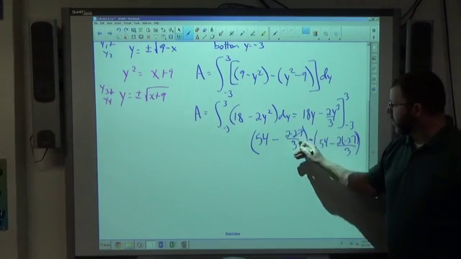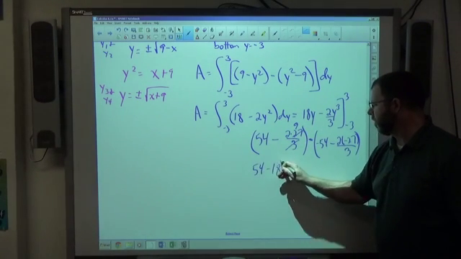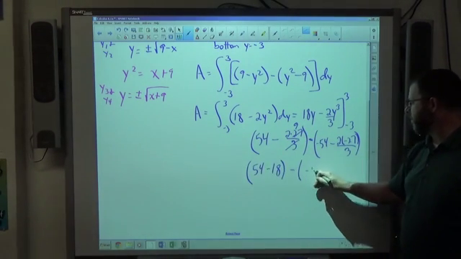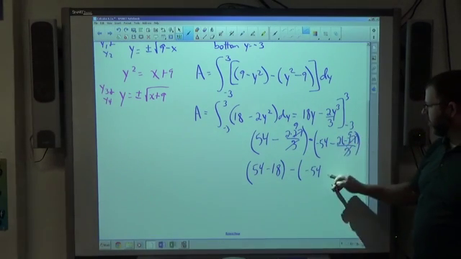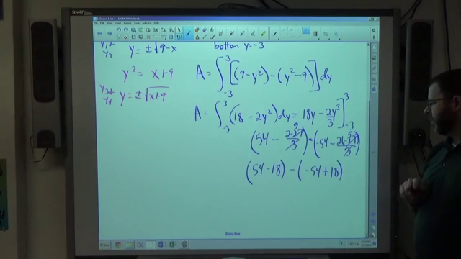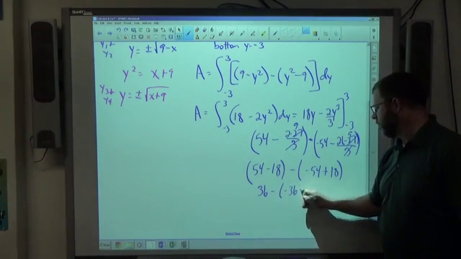So 27 and 3 reduced down to a 9, so we get 54 minus 18 minus negative 54, and this 27 cancels that to a 9. Minus minus makes plus, so plus 18. So I get 36 minus negative 36, which equals 72.